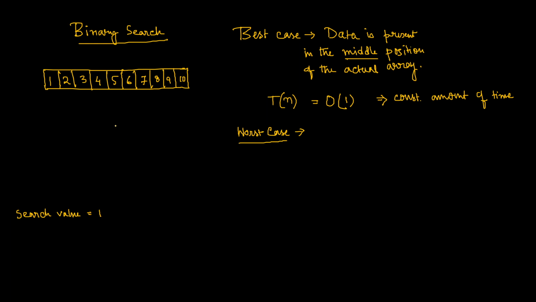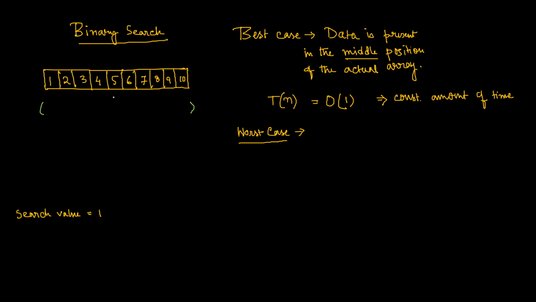So in that case what will happen? In the first attempt your total search space is basically the whole array. You find the middle location, that is 5, and the search value is lesser than the middle value.